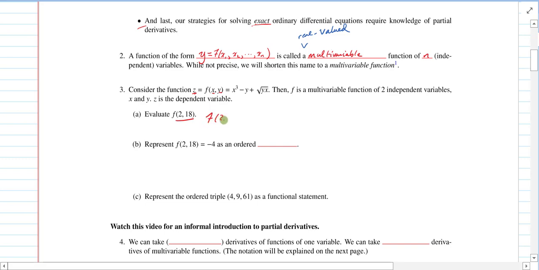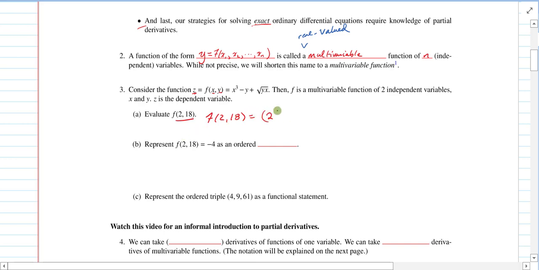So f of 2, 18 would be equal to, and everywhere I see an x in the description of the function, I'm going to replace it with the first input variable. And everywhere I see a y in the function, I'm going to input the second independent variable, 18, the second value for that independent variable. So here we go.